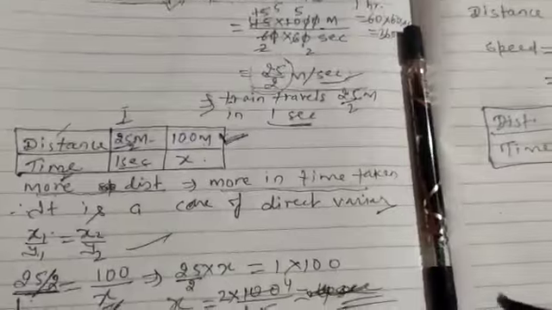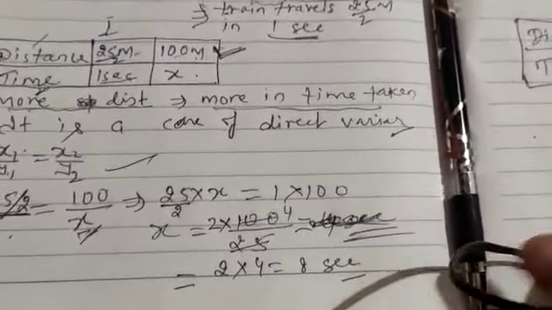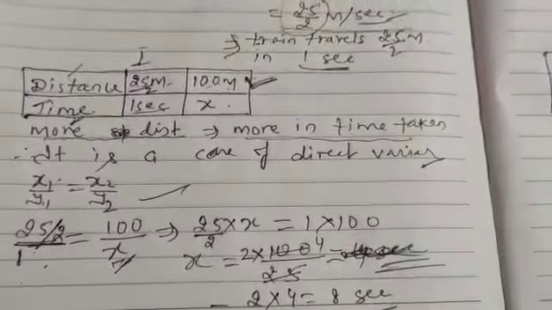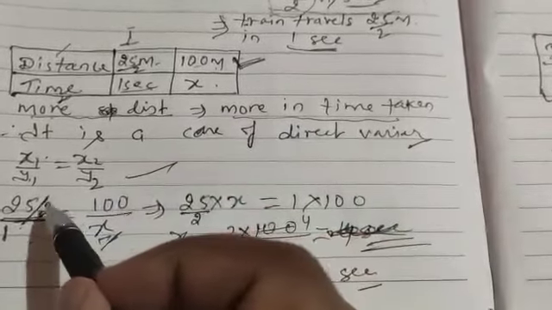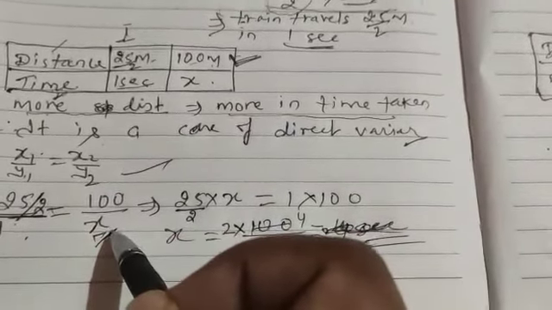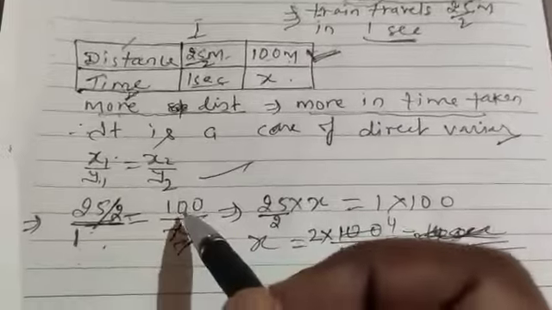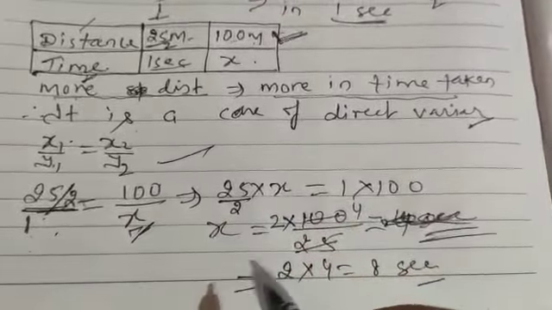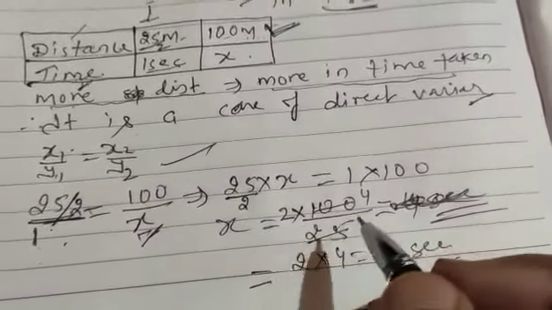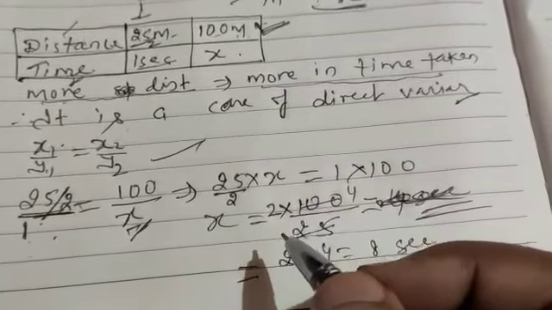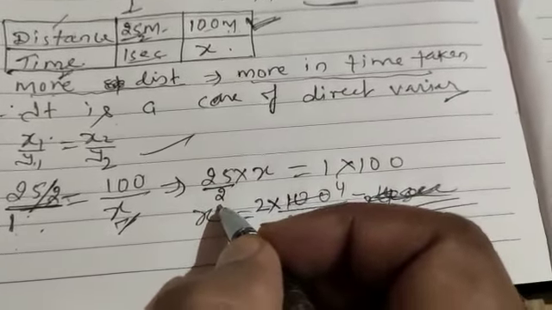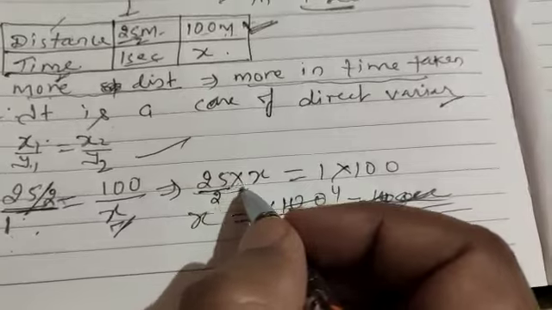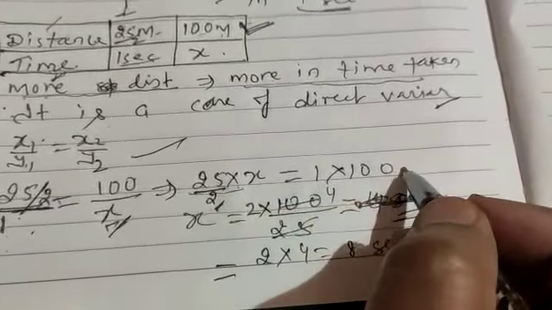Cross multiply, we get 25/2 multiply x equal to 1 multiply 100, then x equal to, 2 is dividing on the left side, therefore it will multiply the right side.